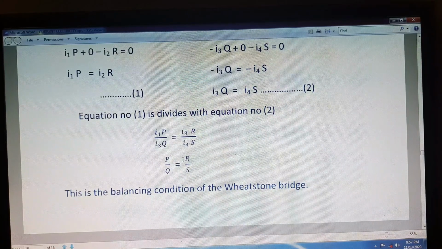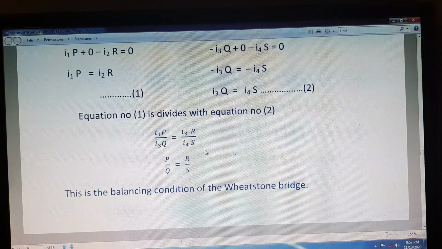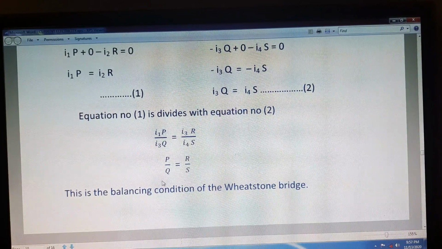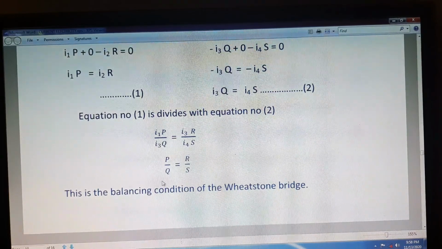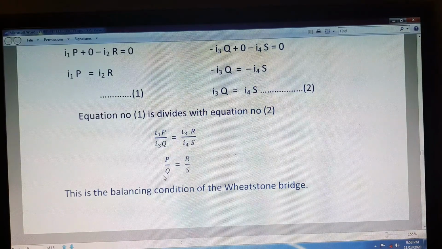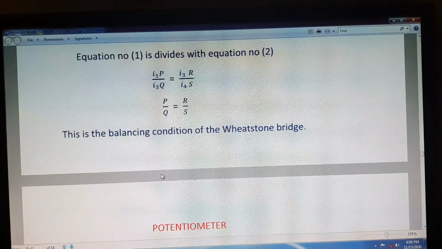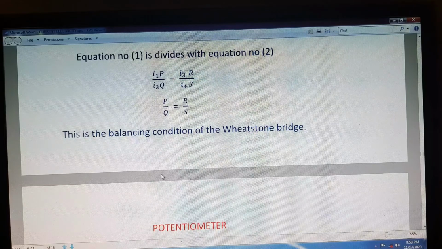So P by Q is equal to R by S. We take the conditions I1 is equal to I3, I2 is equal to I4. So P by Q is equal to R by S is called the Wheatstone bridge balancing condition. P, Q, R, S are the 4 resistors.